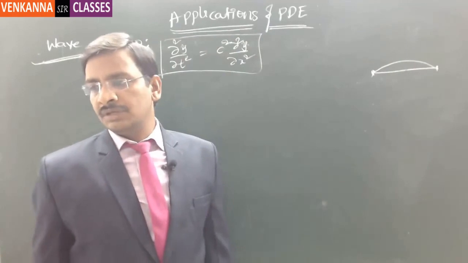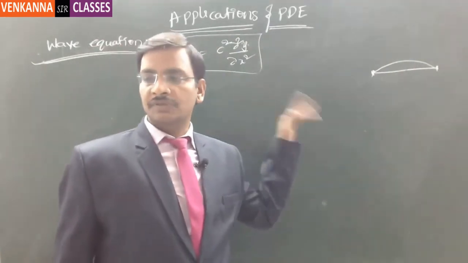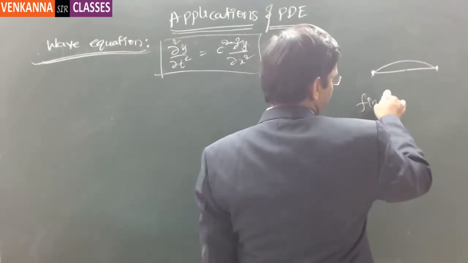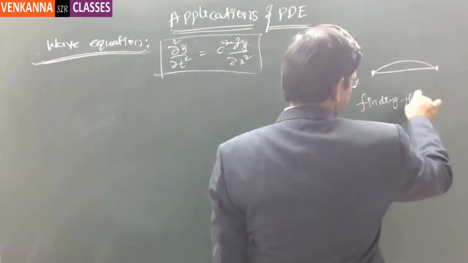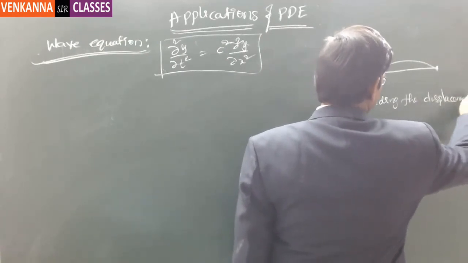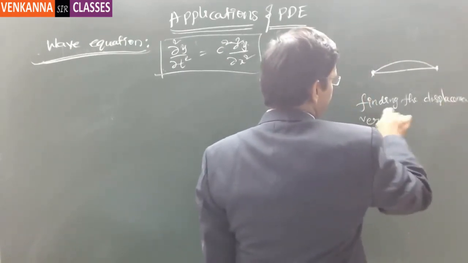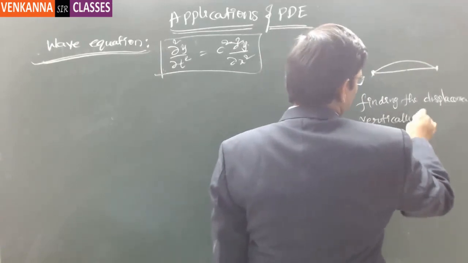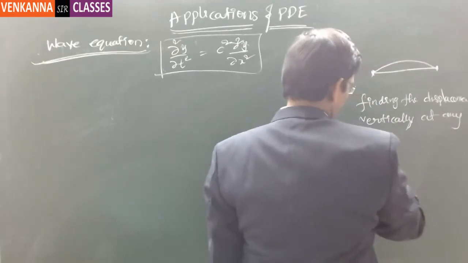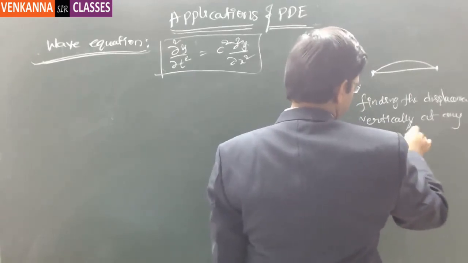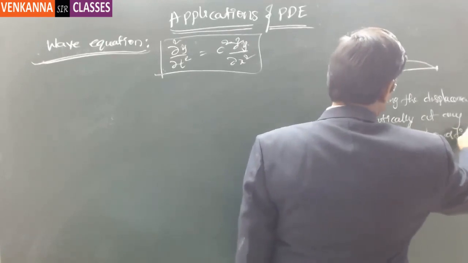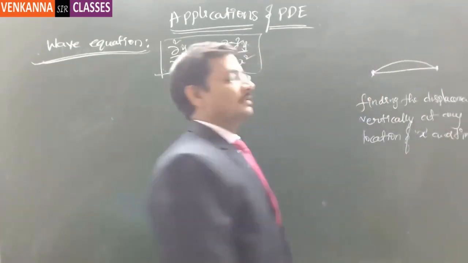Correct or not? Now the solution of the wave equation is nothing but finding the displacement vertically at any location x and time t.